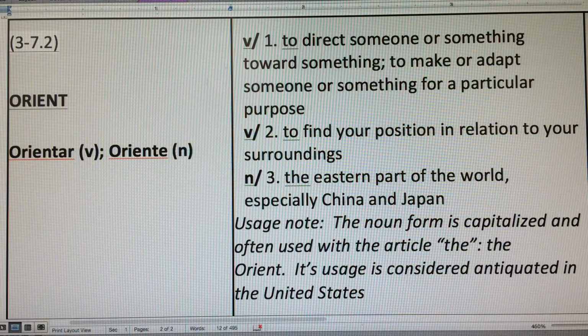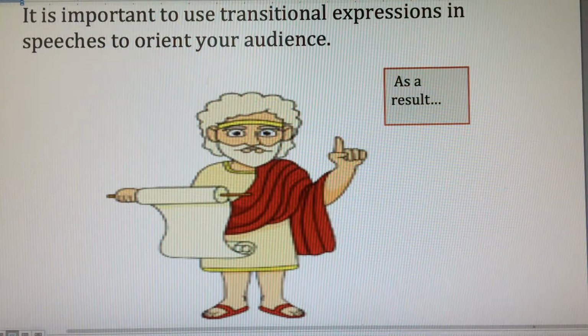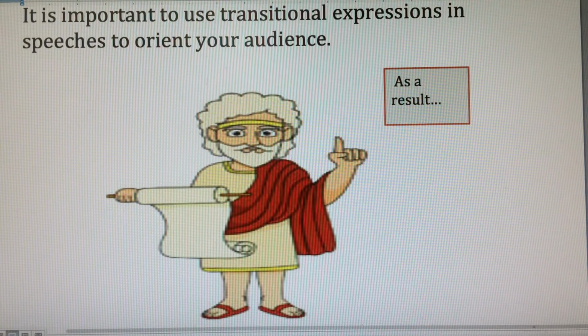Let's look at a sentence example. It is important to use transitional expressions in speeches to orient your audience. Transitional expressions are words or phrases like furthermore, consequently, as a result, which is what this young man is saying here.